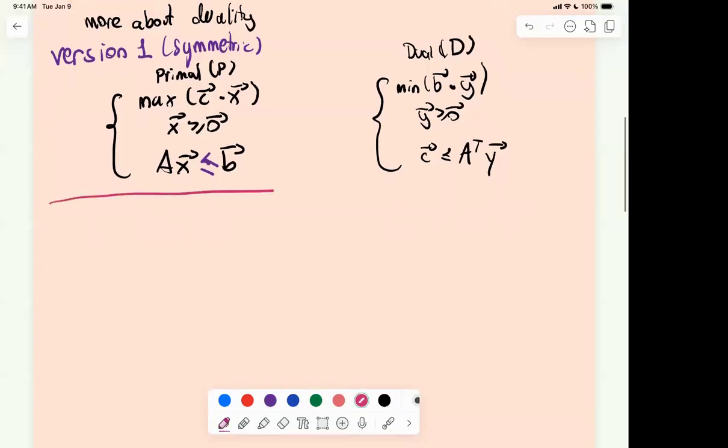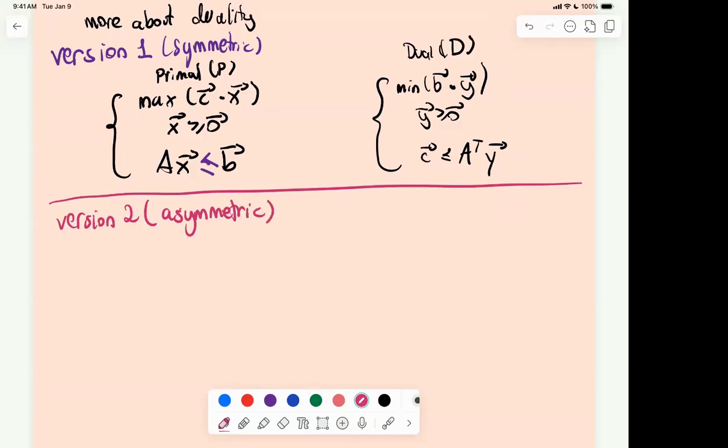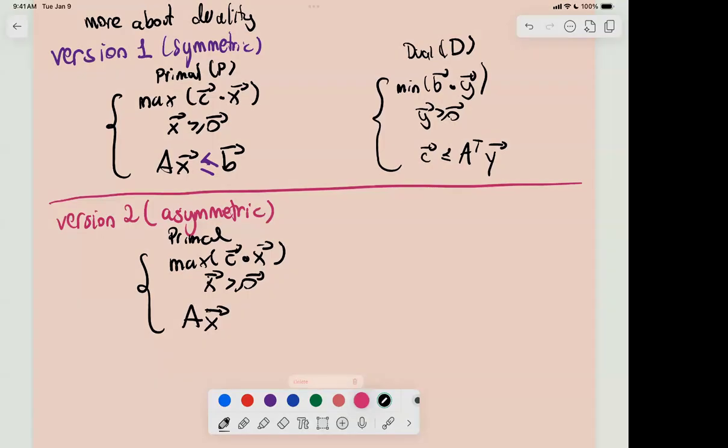Version 2, the asymmetric version: the primal looks the same, but now it reads Ax equals b. So the main difference is that instead of being less or equal to b, it's exactly equal to b.